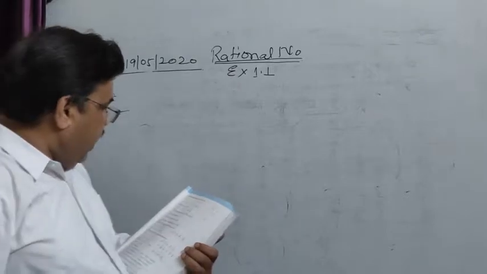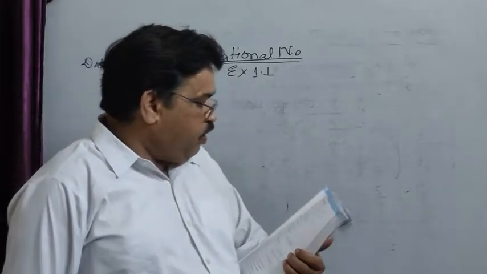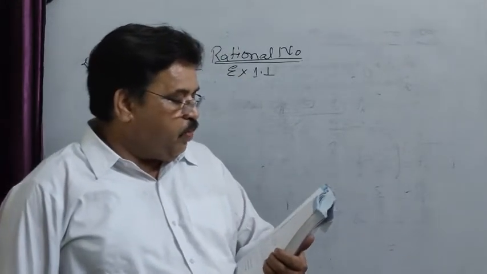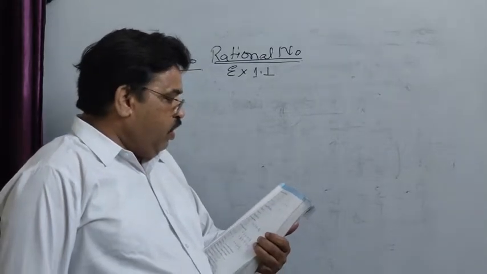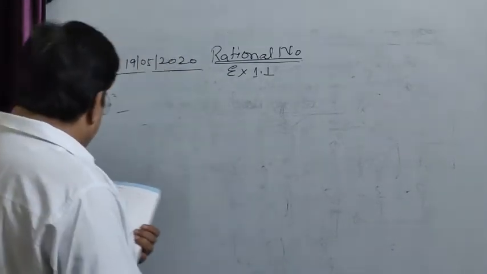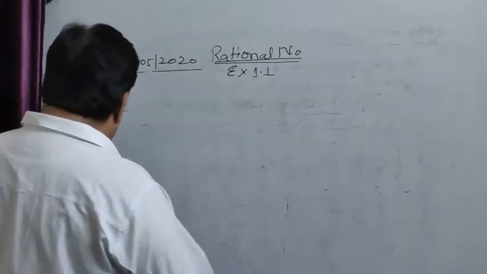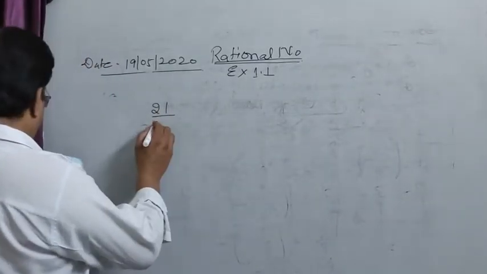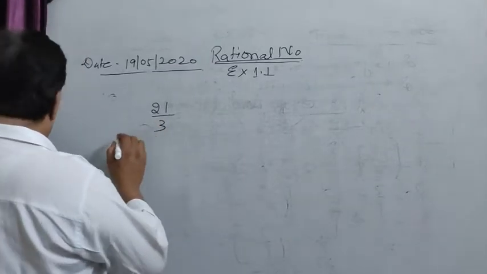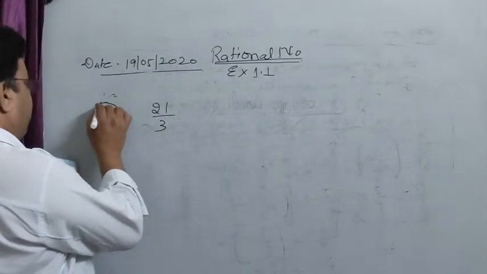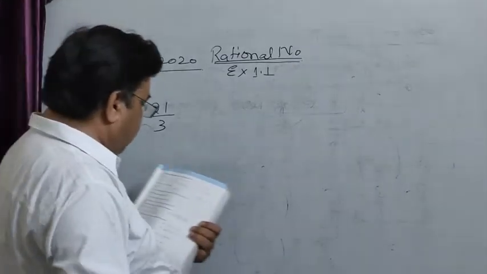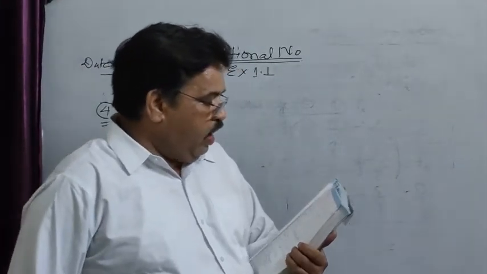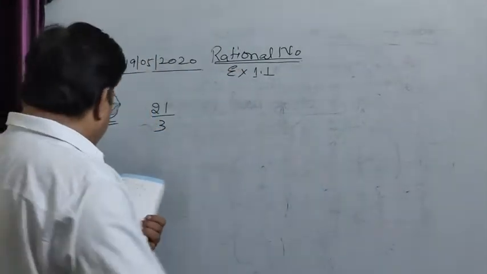In the first question I am reading: is 1 upon 7 the multiplicative inverse of 21 upon 3? Why or why not? First of all, write 21 upon 3 to solve this question. Question number 4, you can read this question; I have given it in the PDF already.